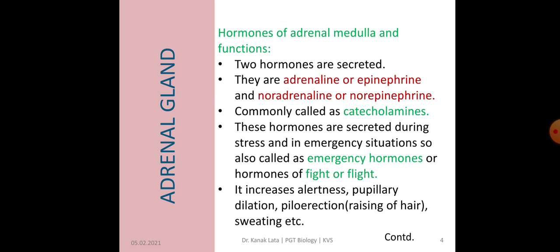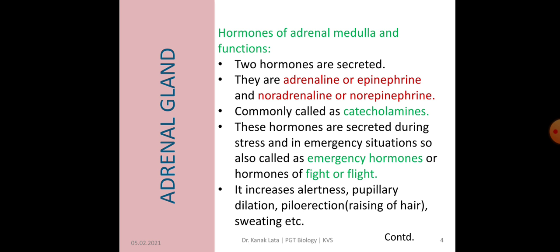From adrenal medulla, two hormones are secreted. They are adrenaline or epinephrine and noradrenaline or norepinephrine. Commonly, these two hormones are called catecholamines. These hormones are called as emergency hormones or hormones of fight or flight.